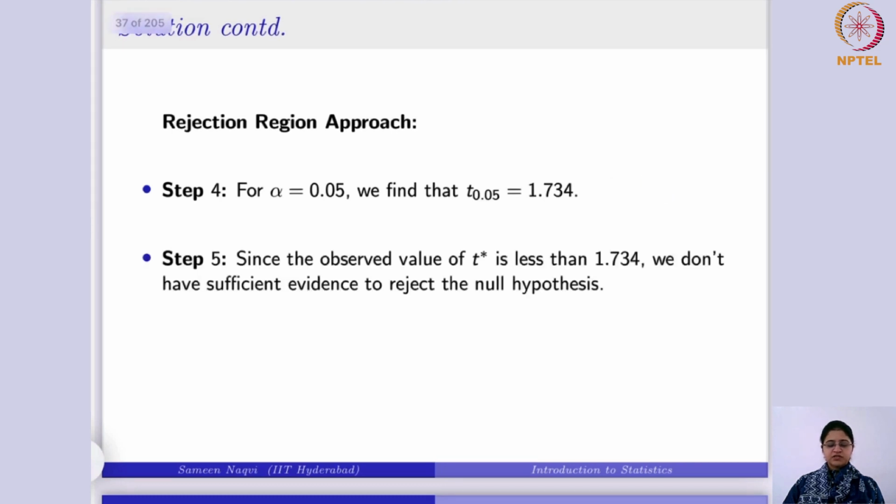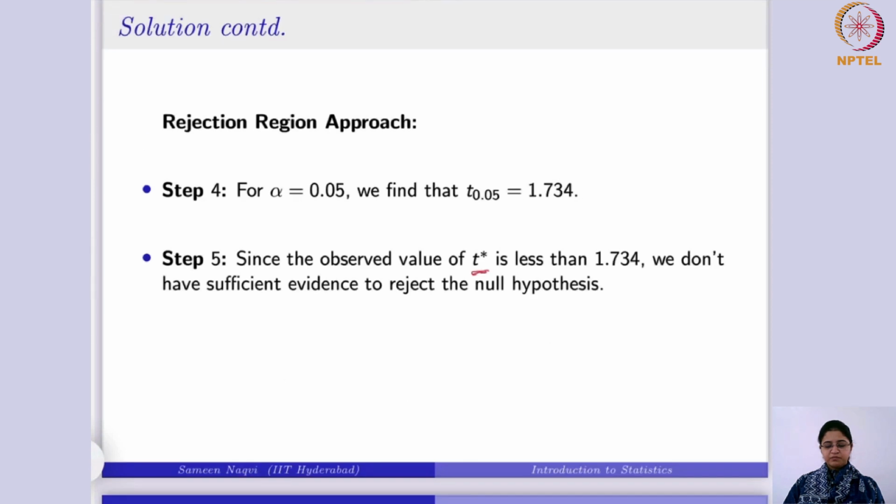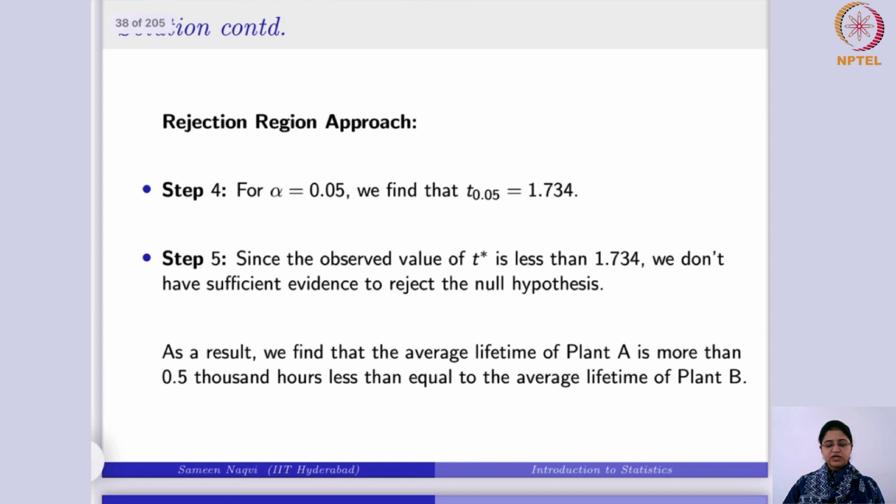Now t star basically was 0.786, and this obviously is much less than 1.734. So we cannot reject the null hypothesis. We don't have sufficient evidence to reject the null hypothesis, and we can conclude that the average lifetime of plant A is less than or equal to the average lifetime of plant B plus 0.5, that is 1000 hours.